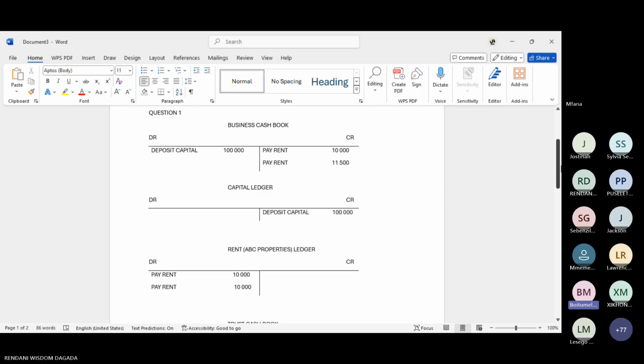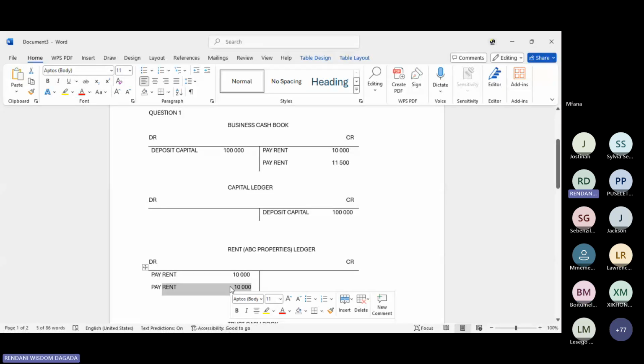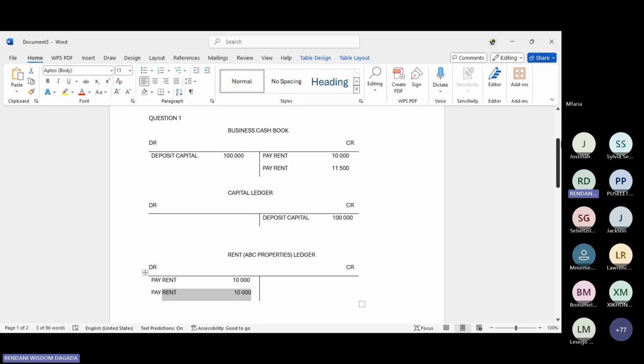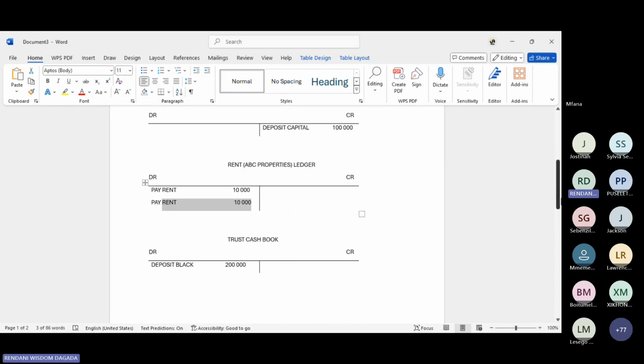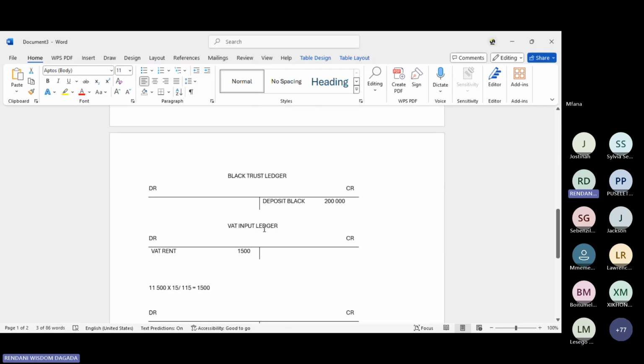Is one not supposed to be 11,500? Then when we come back again, we record the one without the VAT. The second one is because we minused VAT, so that's why it's 10,000. The amount that's supposed to make it 11,500 is down here on VAT.